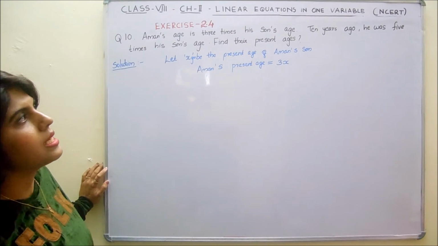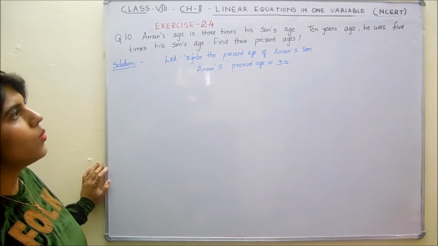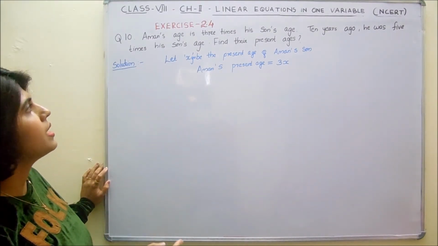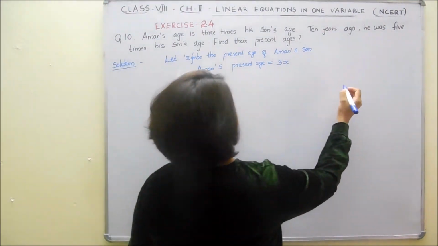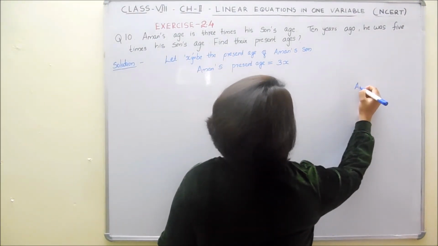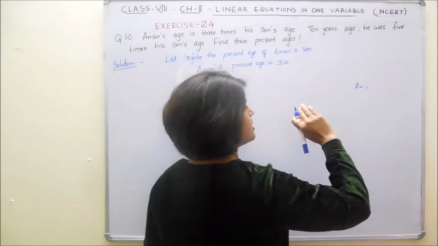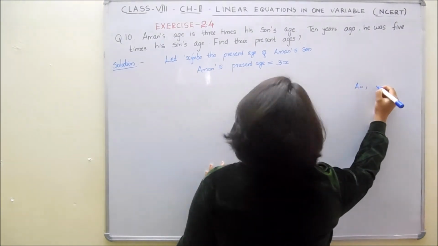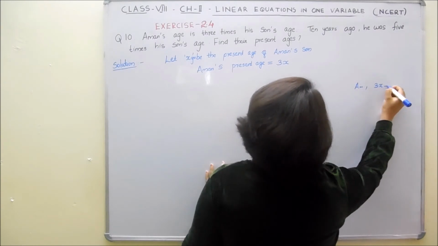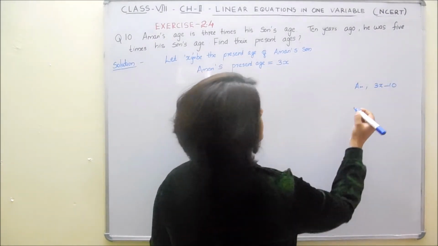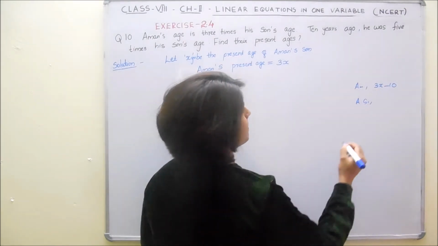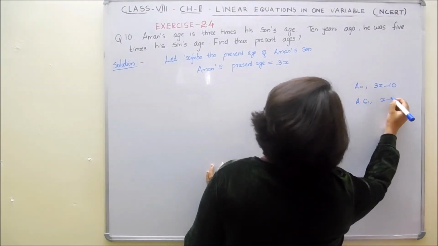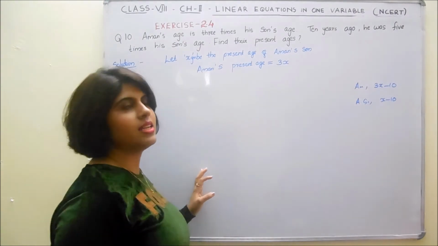Now see the second sentence. 10 years ago, he was 5 times his son's age. So 10 years ago, what would be Aman's age? Aman's age 10 years ago, it would be 3x minus 10. Right? And Aman's son's age would be x minus 10. Isn't it? Yes.